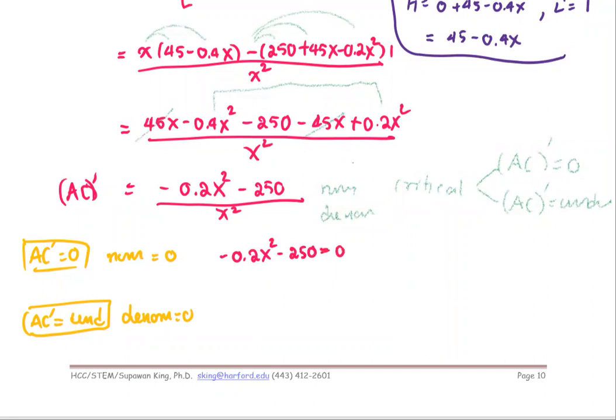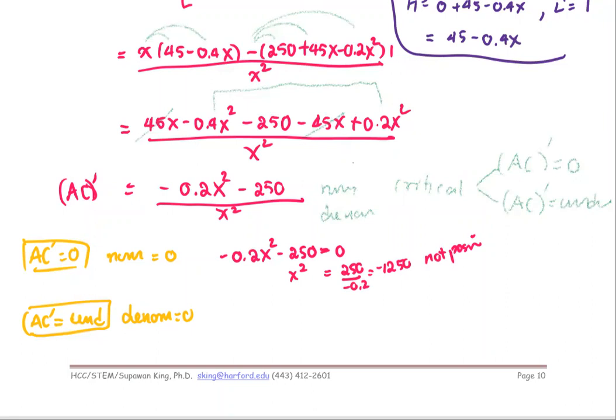Let it be zero, and solve for x: add 250 to both sides and divide by negative 0.2. For x squared, if you divide 250 by 0.2 with a negative sign, you have negative 1250, which is not possible. Why? Because you cannot take the square root of negative 1250, or you cannot find any number that multiplied by itself returns a negative. So there is no critical number from the case that the derivative is zero.